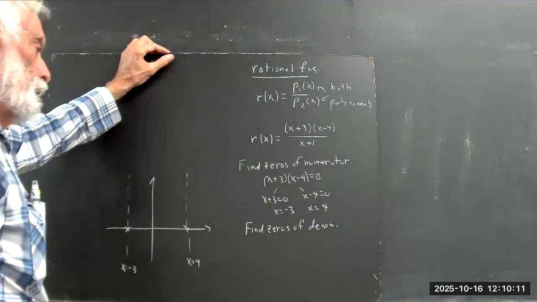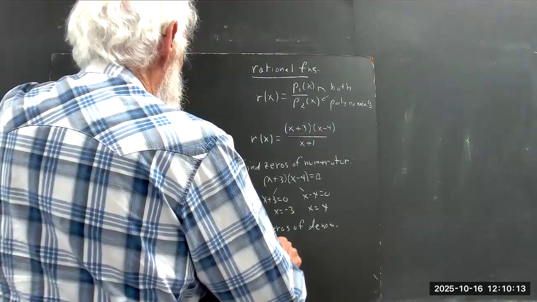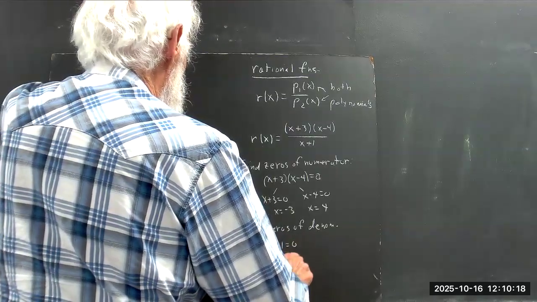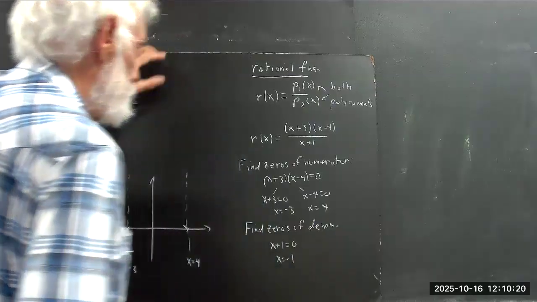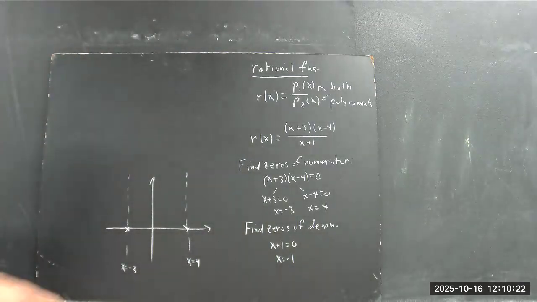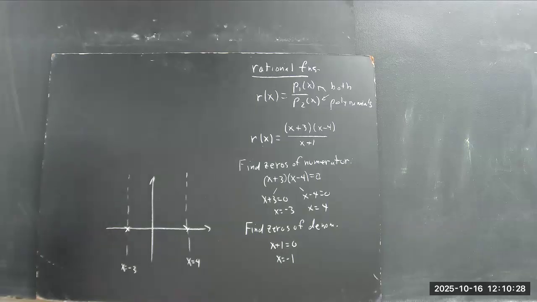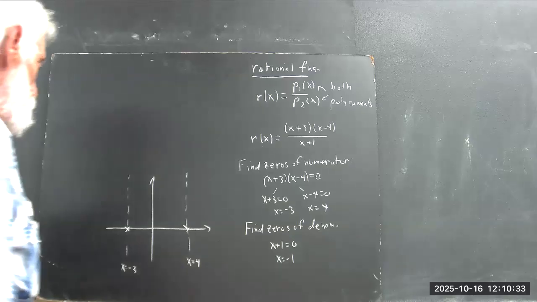Find zeros of the denominator. Well, that happens when x is -1. Very easy, if the thing is factored. If it's not factored, then you factor it, if possible.